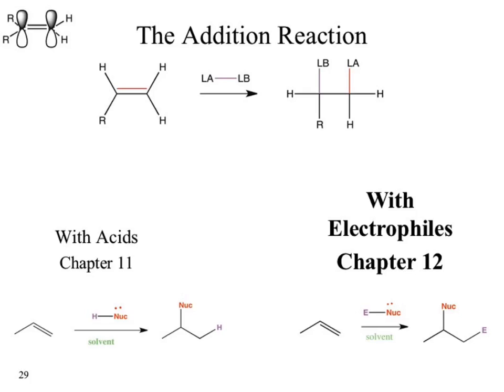Instead of adding H+, we're going to add an electrophile. That electrophile needs to be strong enough to force the pi bond to react. Because we're now using something other than hydrogen, that something can have other forms of reactivity, which means these reactions can become vastly more complicated.